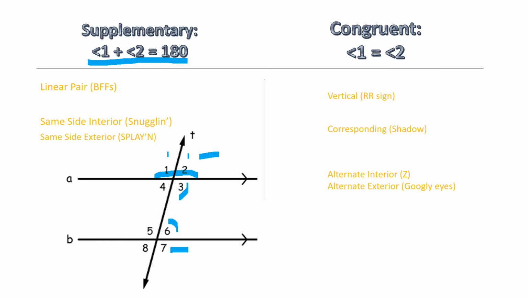Alright, I made a kind of a slight error here. But it really wasn't an error. It's just that I was using a theoretical angle 1 and angle 2, but this one needs to be switched to angle 3.